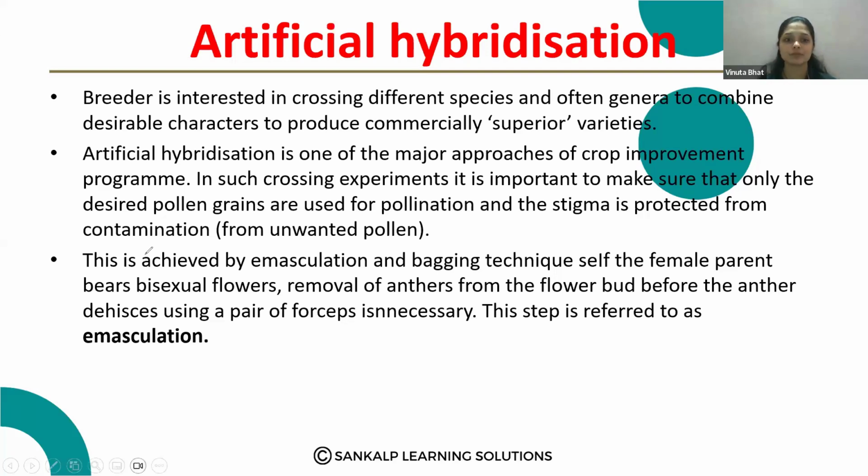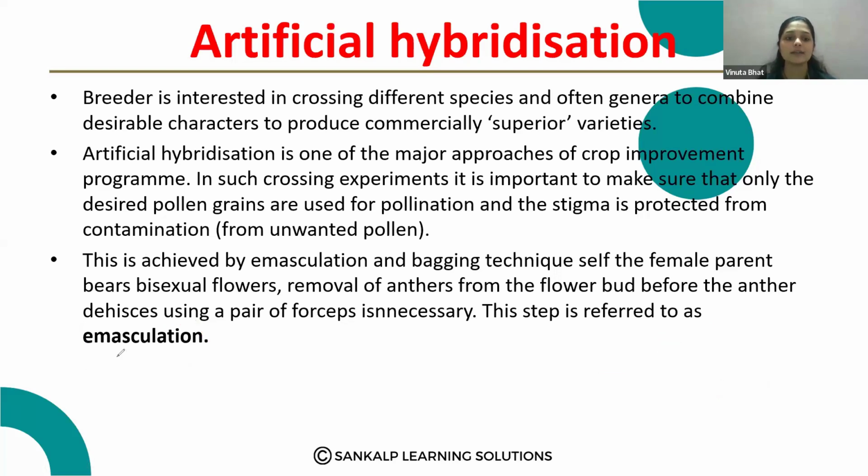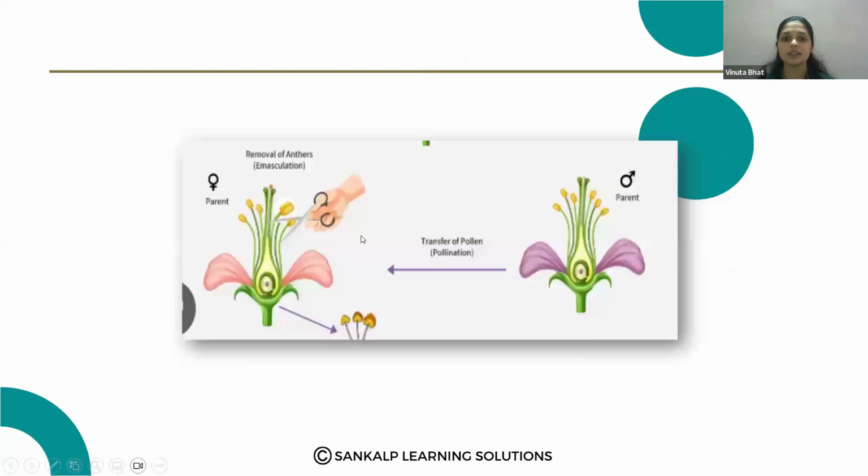So here this is mainly achieved by two processes. The first thing is the emasculation. So here in a flower, removal of the anthers, the male reproductive structure, that is nothing but the emasculation. Artificial hybridization is achieved by the emasculation. Here, this flower has the male and female reproductive structures.